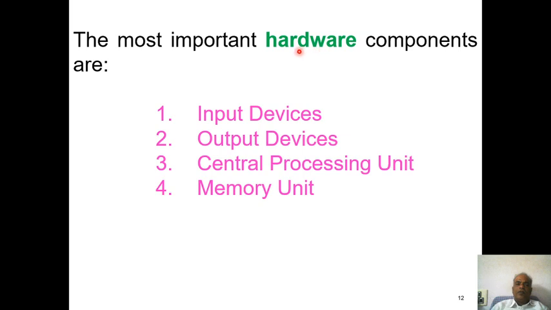What is hardware? What we can physically touch and see is called hardware components. Mainly, hardware components are divided into four types: the input devices, the output devices, the central processing unit, and the memory unit.